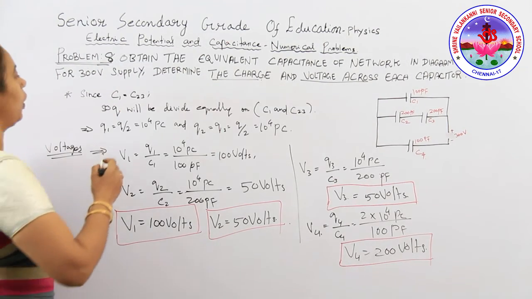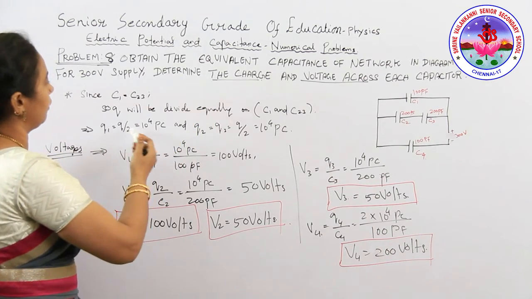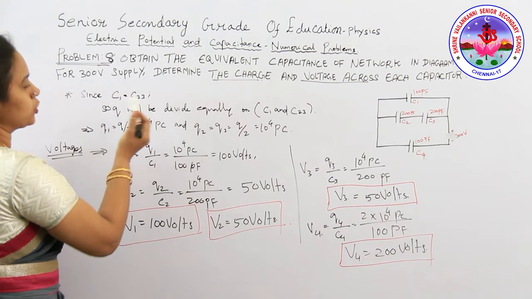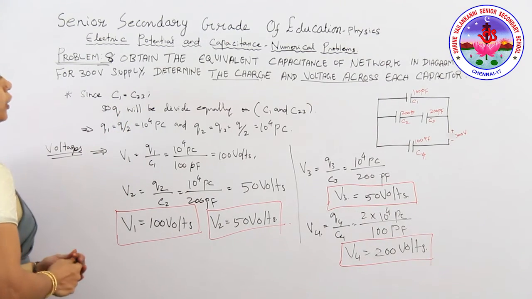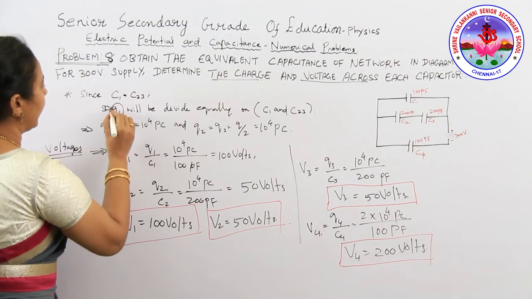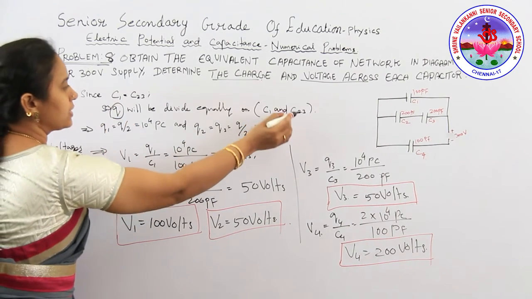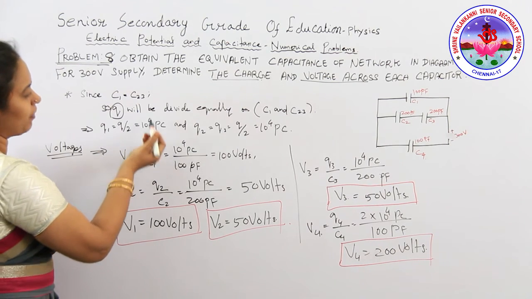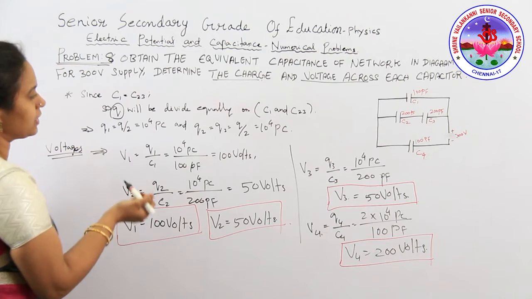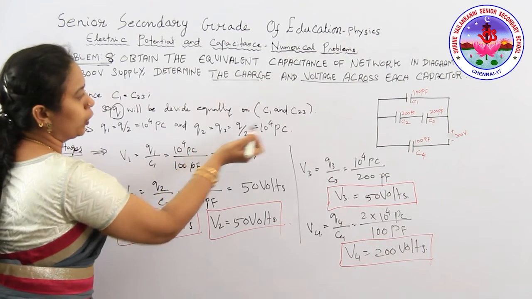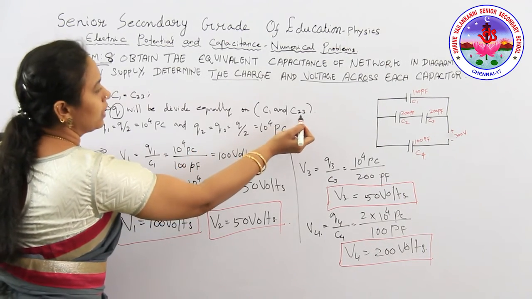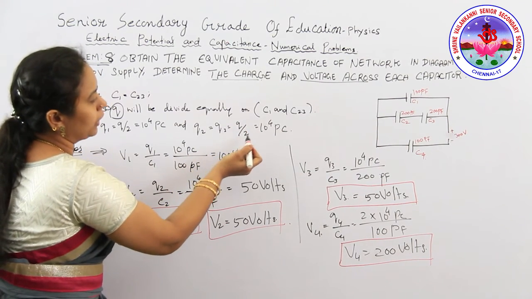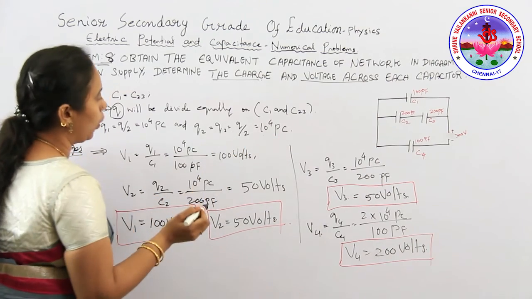Now you have to calculate the charge for the other capacitors also. C1 is in series with C23, so we can divide Q equally between C1 and C23. So Q1 is equal to Q by 2, that is 10 power 4 picocoulomb. Q2 is equal to Q3 also, because C23 is the equivalent of C2 and C3. That is also Q by 2, equal to 10 power 4 picocoulomb, right?